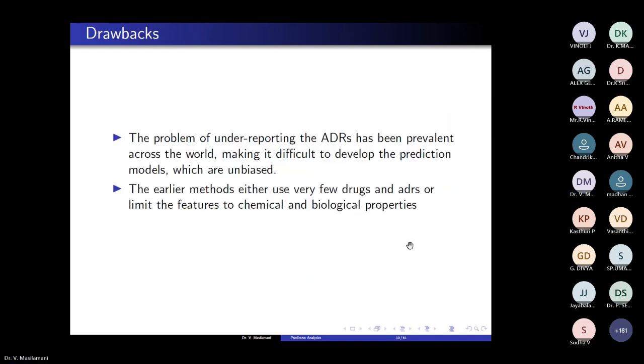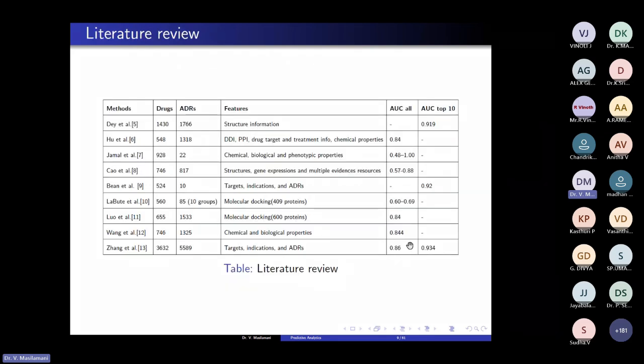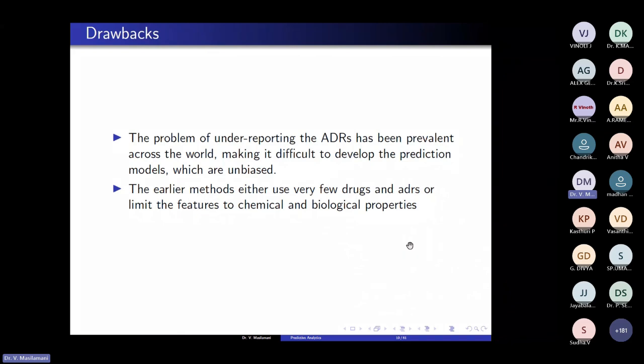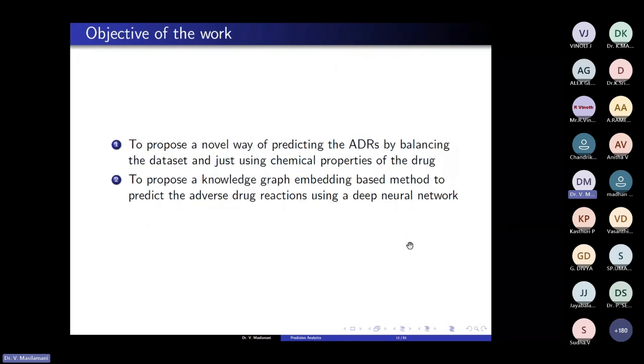Well, one big issue with all the studies reported in the literature is that they took the ADRs that are available in social media and also maintained by various governments, but they are all under-reporting, meaning many ADRs are not reported. That is one issue. Another issue is that the number of positive samples is very small. So these are the main issues identified in this literature.